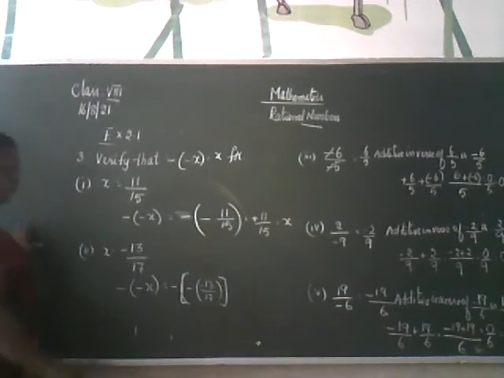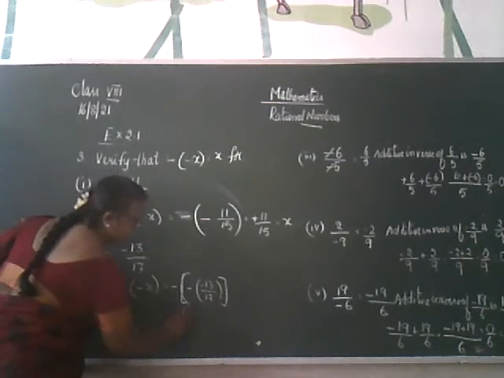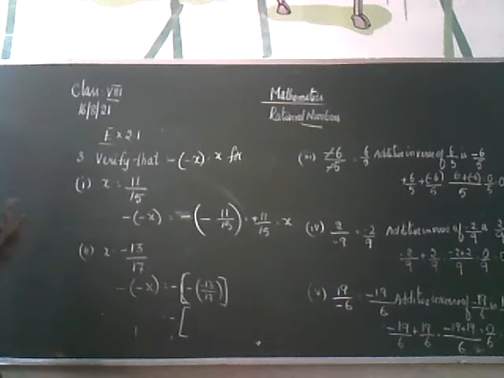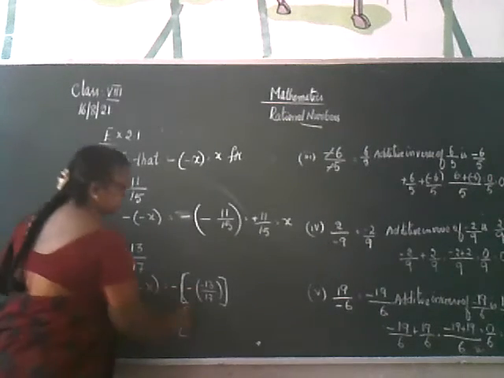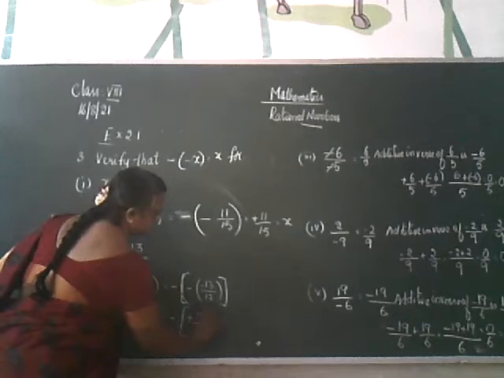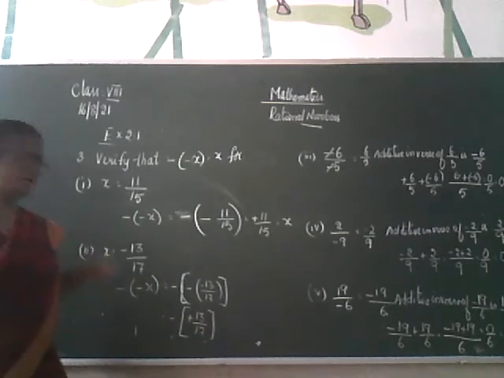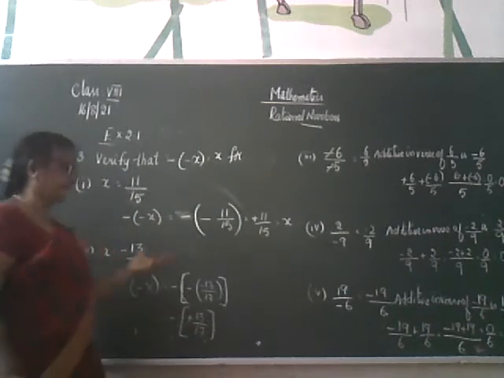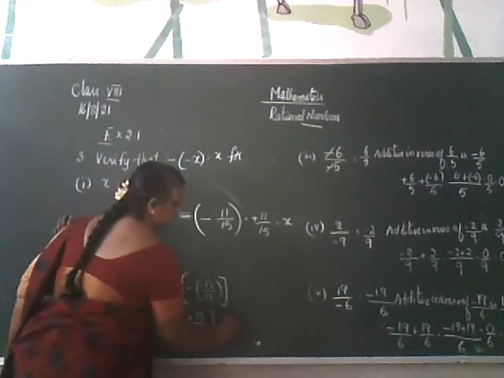So now you multiply what is inside the bracket. So minus into minus is plus 13 by 17. Again, minus into plus is, yes, minus 13 by 17.